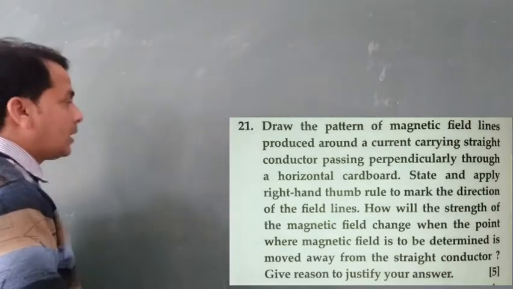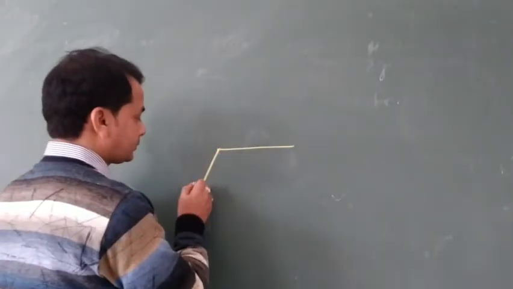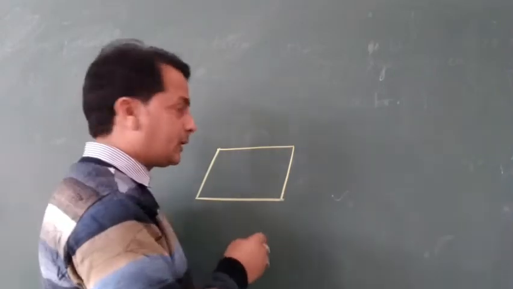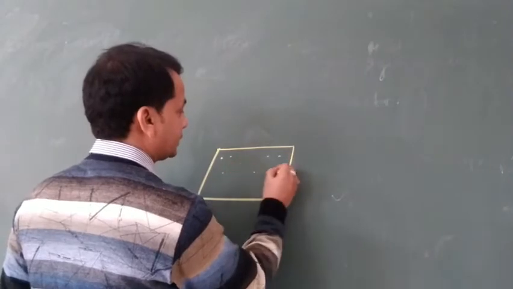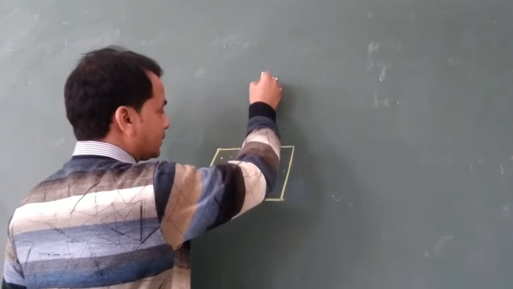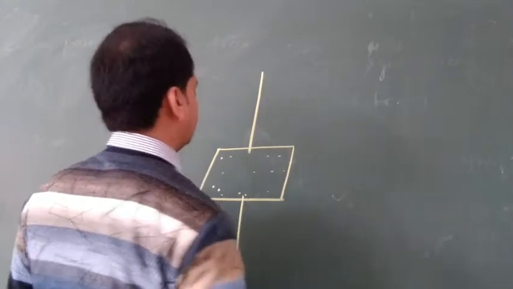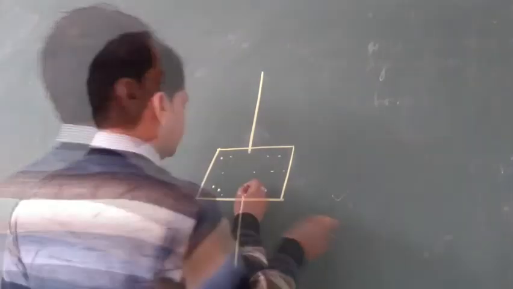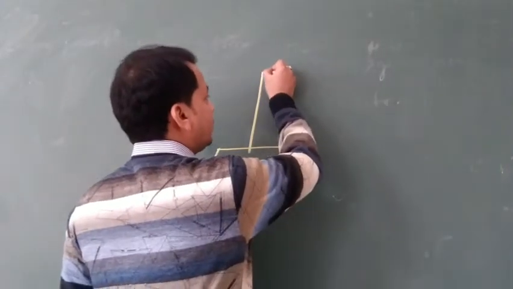Suppose we take one cardboard here, spread iron filings on it, and a straight wire connected through a battery.